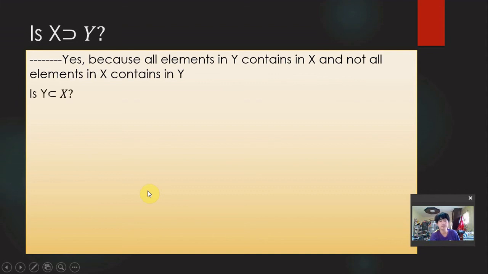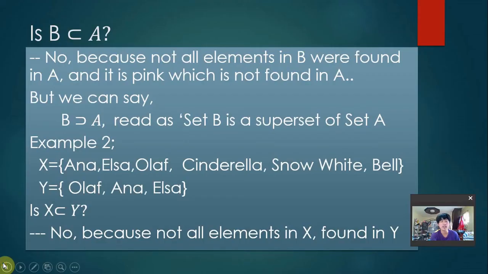Okay. Now, next example. Okay. So, next question. Is Y a proper subset of X? That's proper subset. Is Y a proper subset of X? Let's review. Does Y have fewer elements than X? So let's review. Look at Y and X. Okay, look at Y. So Y has 3 elements only and X has 6 elements.